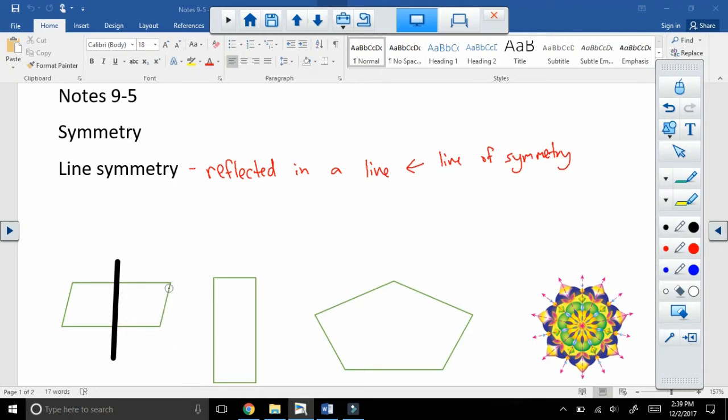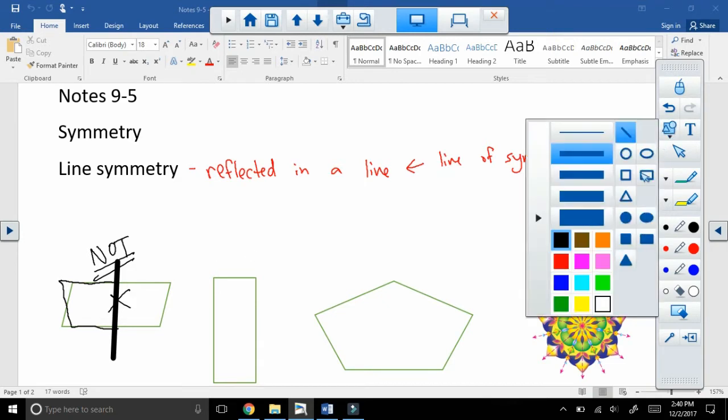What he's pointing to on the screen that you can't see is that if you draw a line down like this and reflect it, it would look kind of backwards. So this one does not have line symmetry. This is not a line of symmetry because it's a parallelogram. That doesn't work.